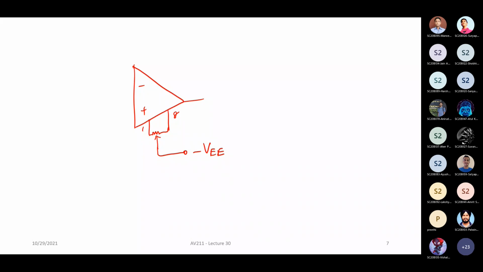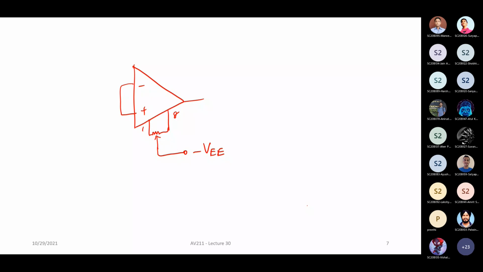Now, if you keep changing the potentiometer, there comes a point where, as you short the two inputs together, the output goes from either VCC or minus VEE to 0. So you slowly keep changing the potentiometer such that your output goes to 0 for the inputs being shorted.